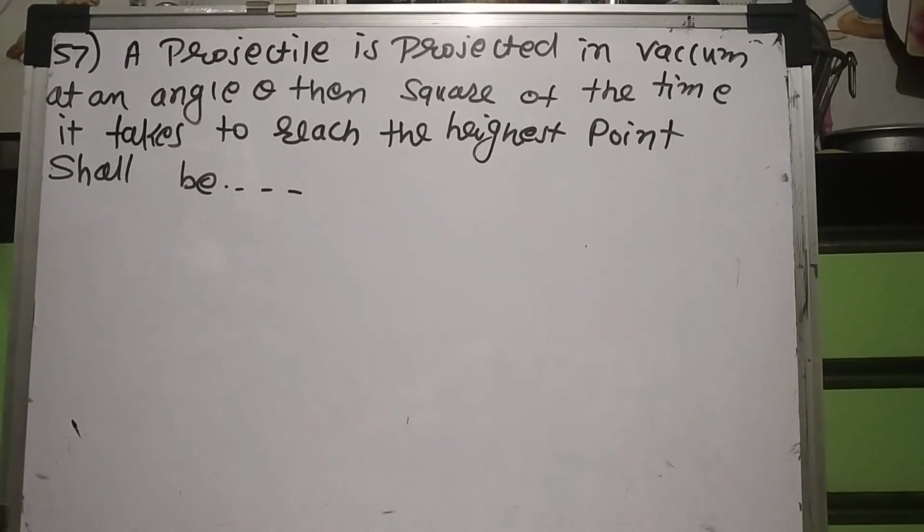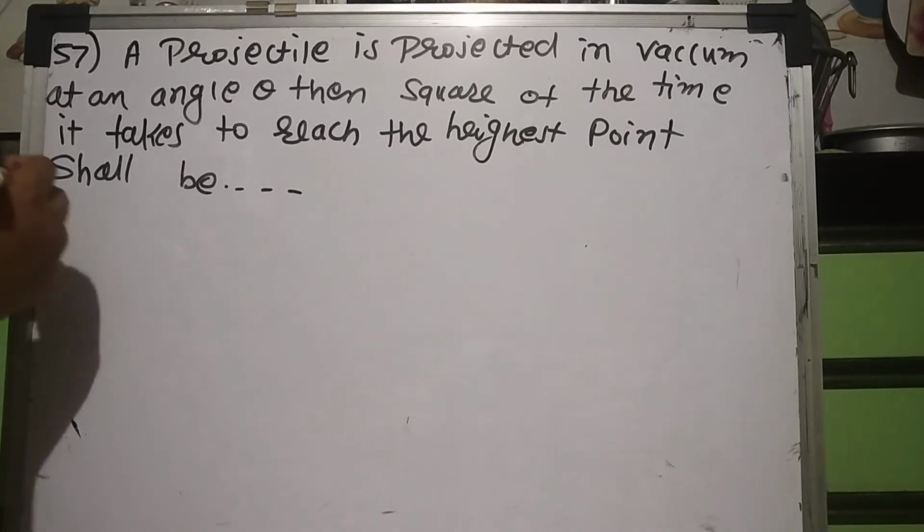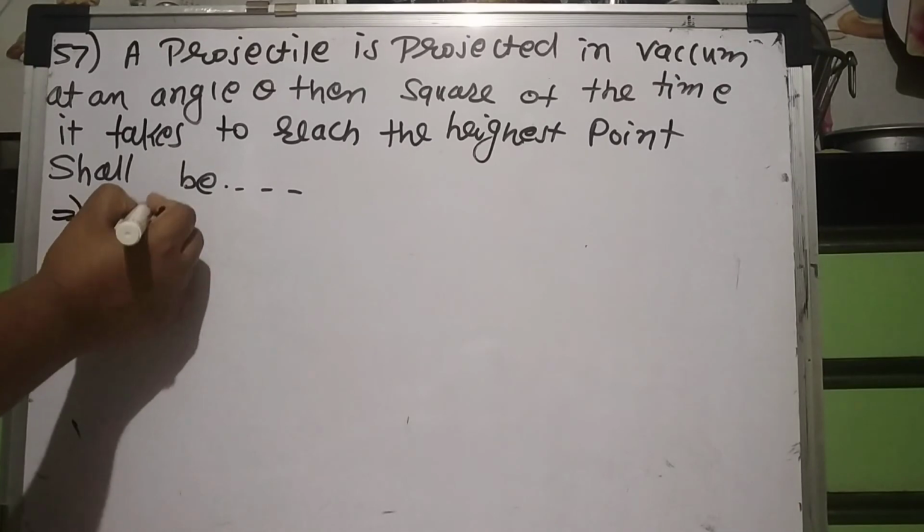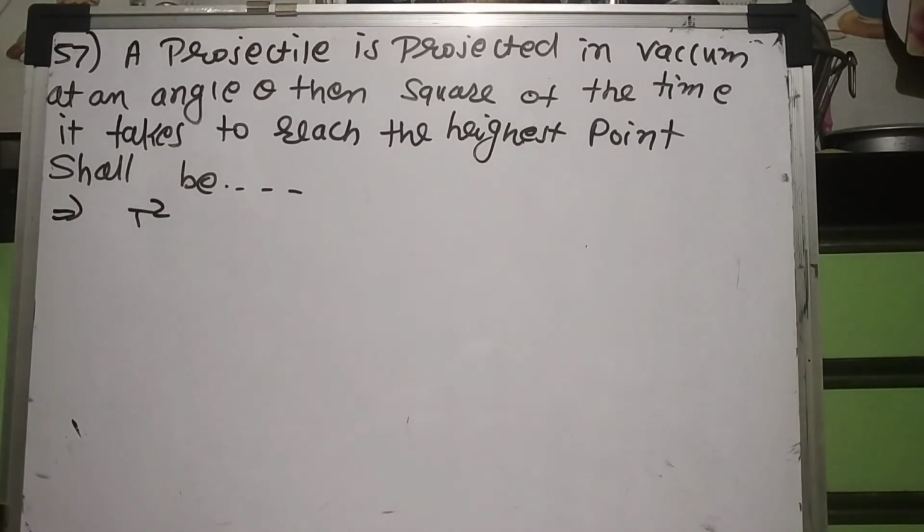That means we have to calculate t square, and the options are given in the form of 2 by 2g times height, 2 by g times height, g times height and g by 2 times height.